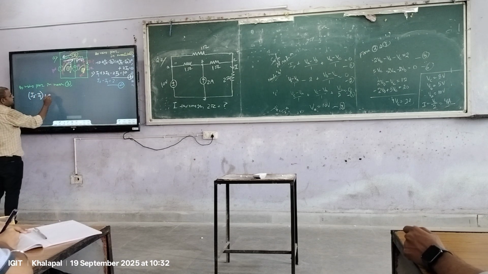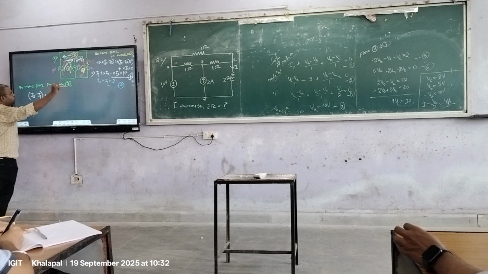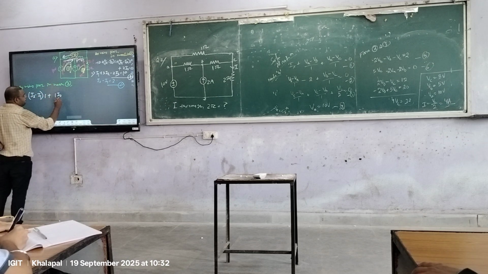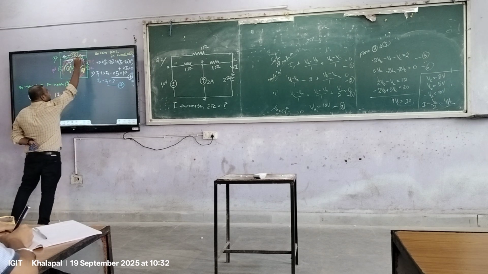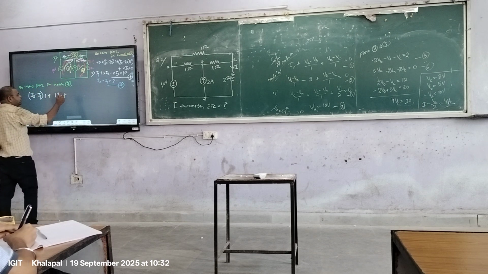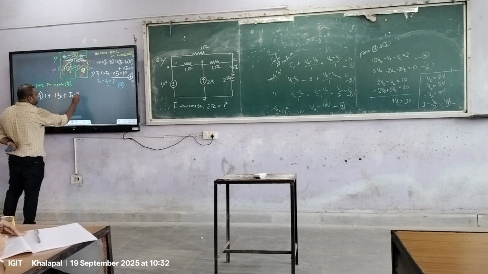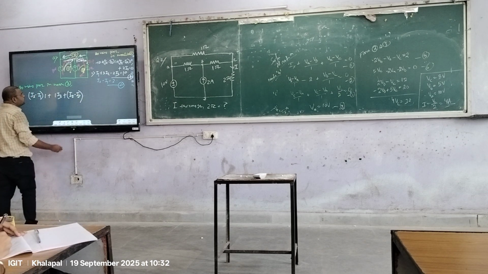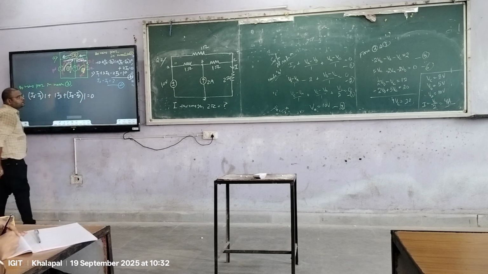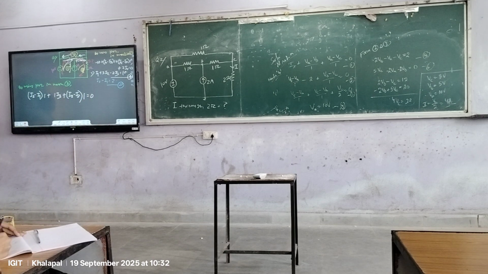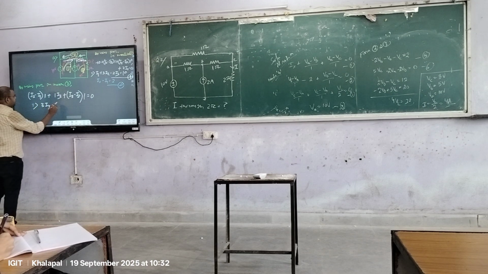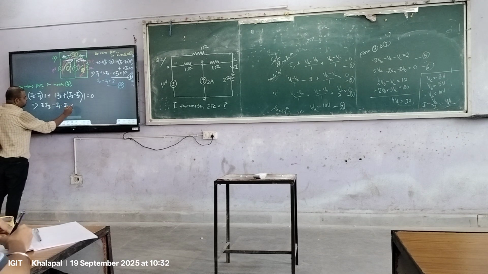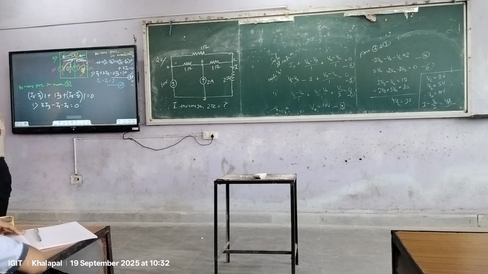And then this one is 1 into I3. Plus, this one is I3 and this one is I2, so I3 minus I2 into 1. So this is going to be 3I3 minus I1 minus I2 is equal to 0.